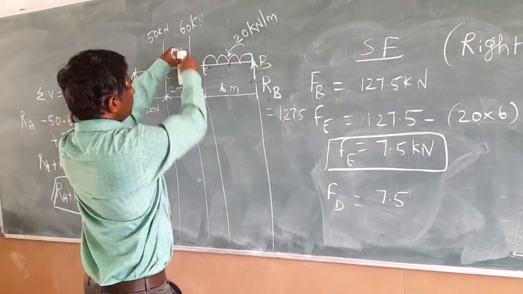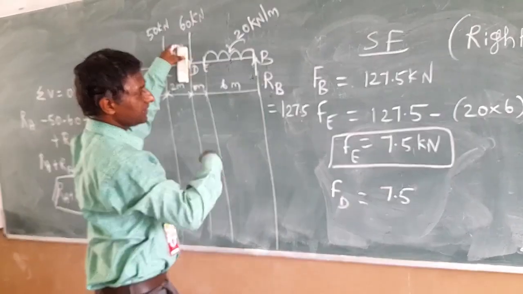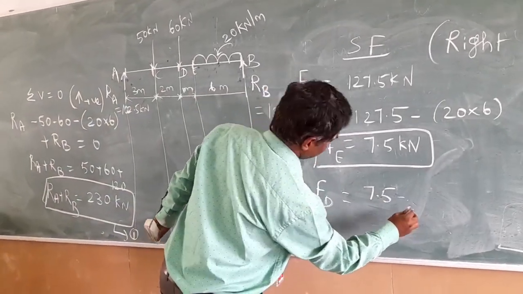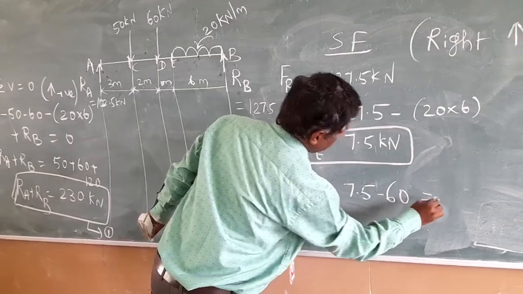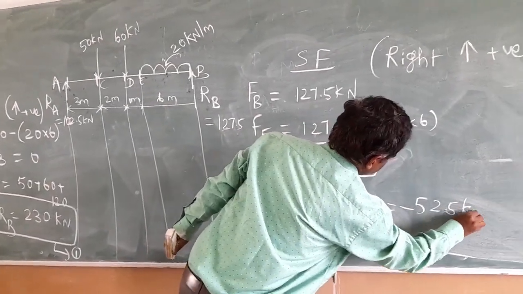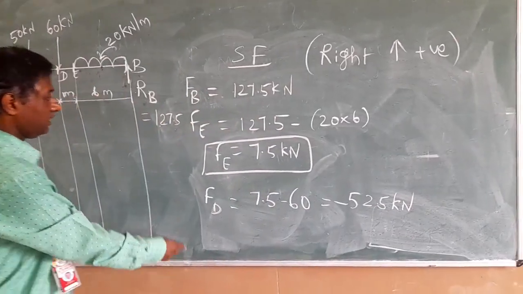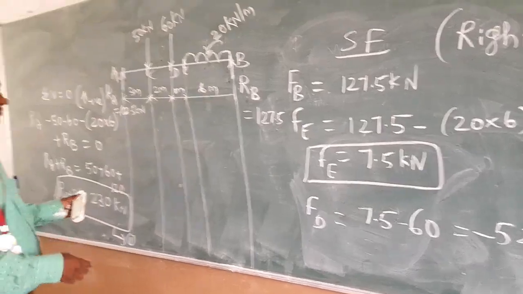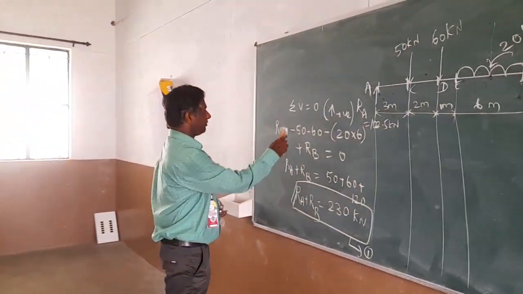And remaining here 60, and it is the downward force. Right up is positive, down is negative. So this is minus 60. So that is equal to minus 52.5 kilonewton. Okay, this is FD.